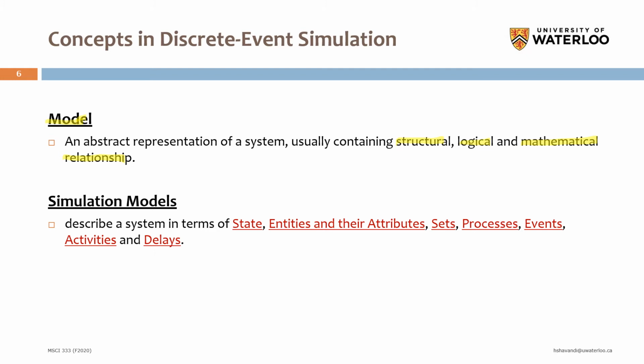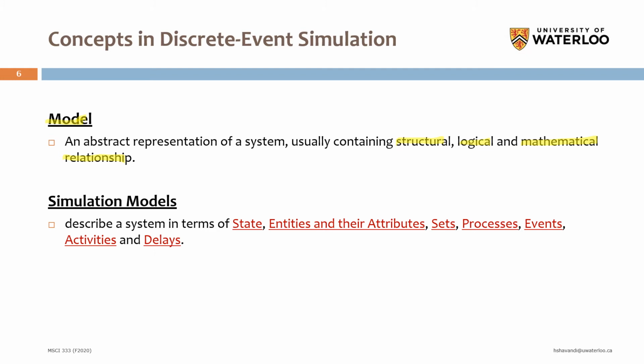Okay, the simulation model lies in these kinds of models, where we use logical, structural, and mathematical relationships in order to formulate a system in terms of a simulation model.